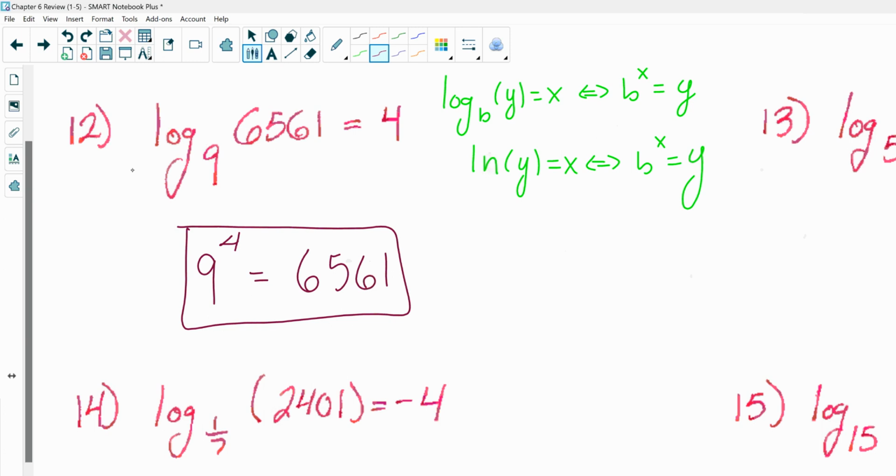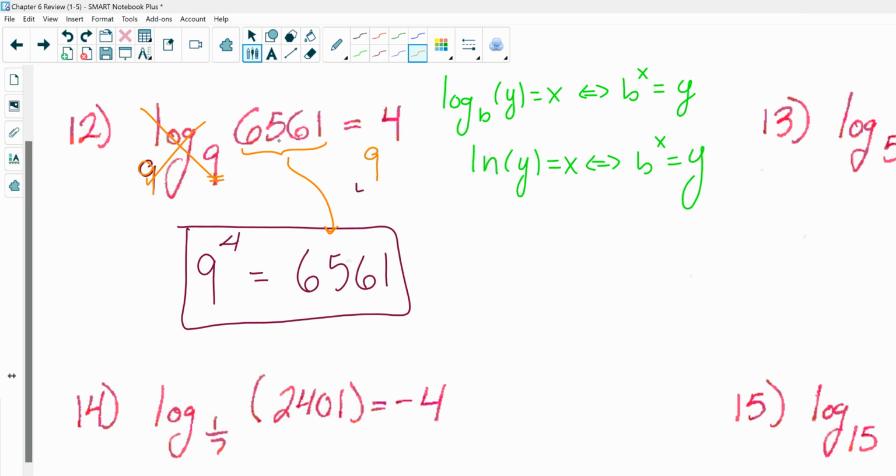Now, the other way we could have done this is we solved this, especially when we did finding the inverses. We could put both sides to the base of 9. We choose 9 because the logarithm's base is 9. Because 9 to the log base 9 of 6,561, the 9 and log base 9 cancel, leaving us with 6,561.